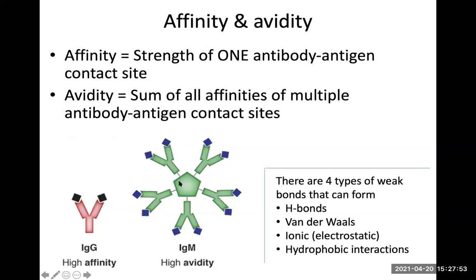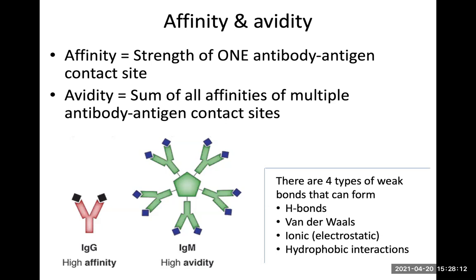Essentially, you would consider this to be one antibody because they're all connected together. It's one IgM antibody. So even if those have medium to low affinity, you add so many binding sites up together and it can have a large impact.